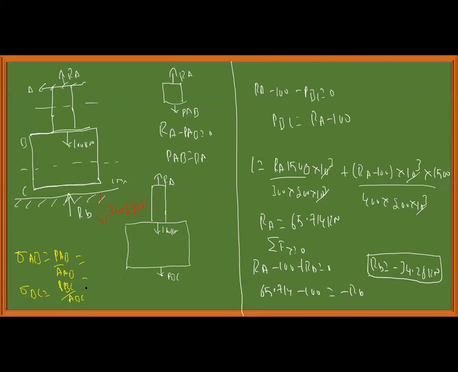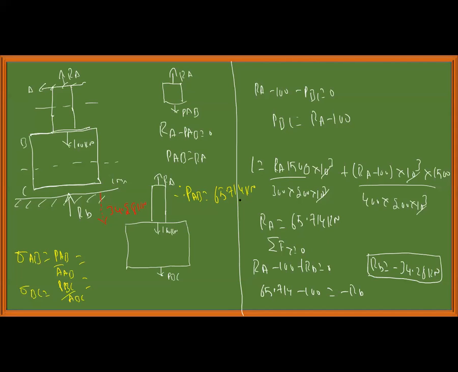Tell me sigma AB and sigma BC. PAB, what we got? PAB is equal to RA. Therefore, PAB is equal to how much? RA, what we got? 65.714 kilonewton.